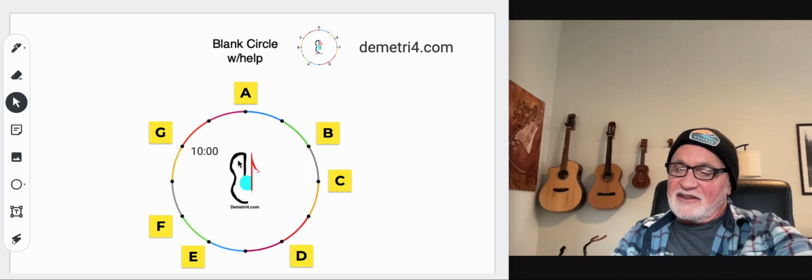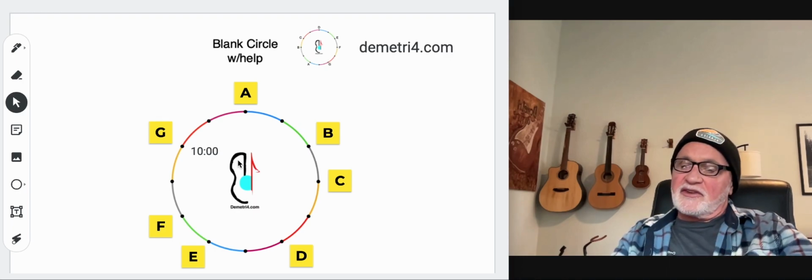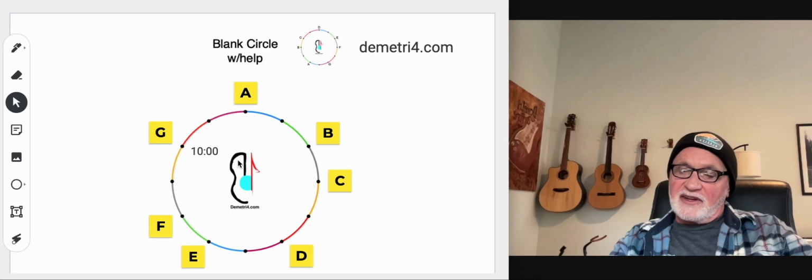A chromatic is a note altered by an accidental. Accidental is the symbol, sharp sign or flat sign, that indicates the altered note is a half step higher or lower than a natural note. A sharp sign indicates the altered note is a half step higher. The flat sign indicates the altered note is a half step lower.